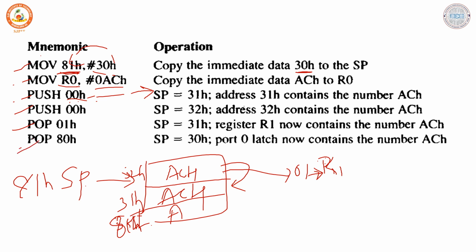What happens is your stack pointer is pointing to 31H actually. Now the stack pointer will be equal to 30H, and port 0 latch now contains the number ACH. So like this the stack operations are performed and analyzed.